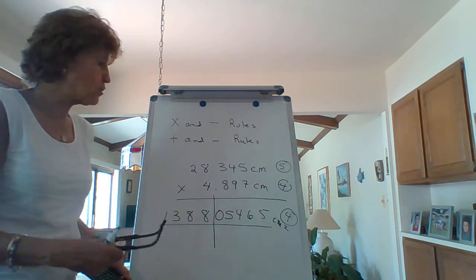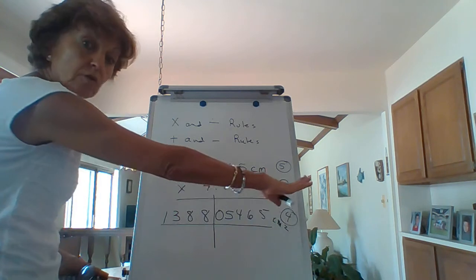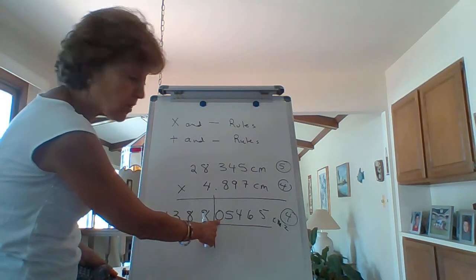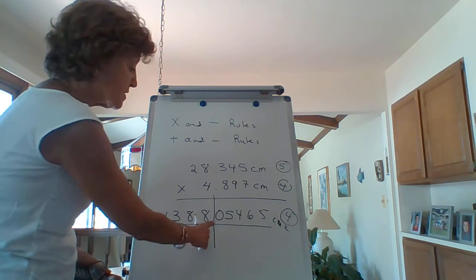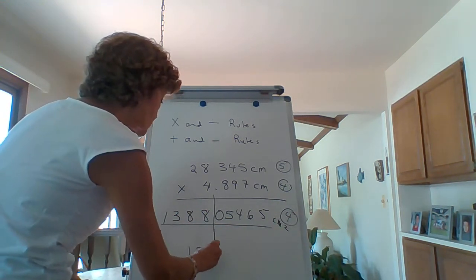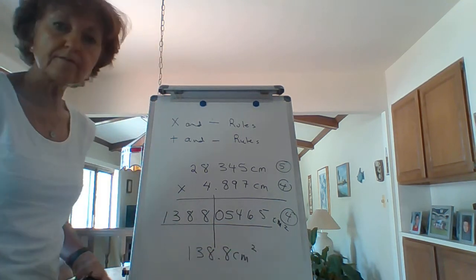But this one is pretty straightforward. We can easily get rid of these guys because they're to the right of the decimal. You see that this number is not a 5 or higher, so we don't round up. So our final answer is 138.8 centimeters squared.